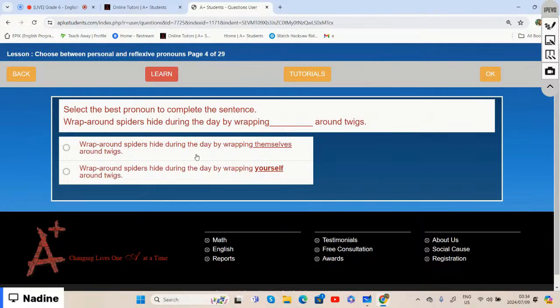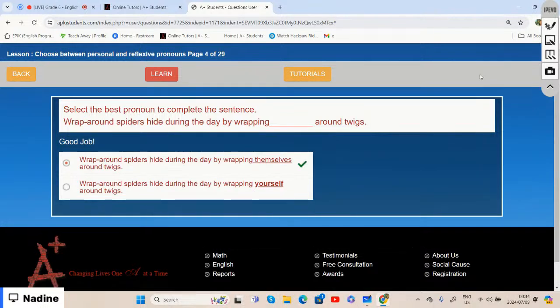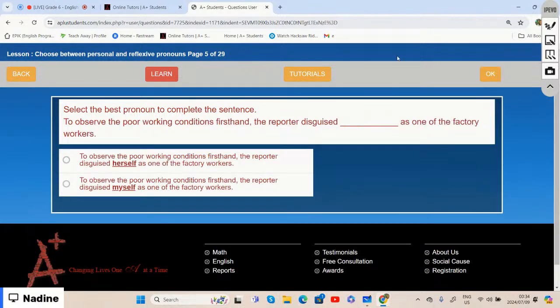All right, then if we were to choose the correct option, we would say wraparound spiders hide during the day by wrapping themselves around twigs. And option one is correct.